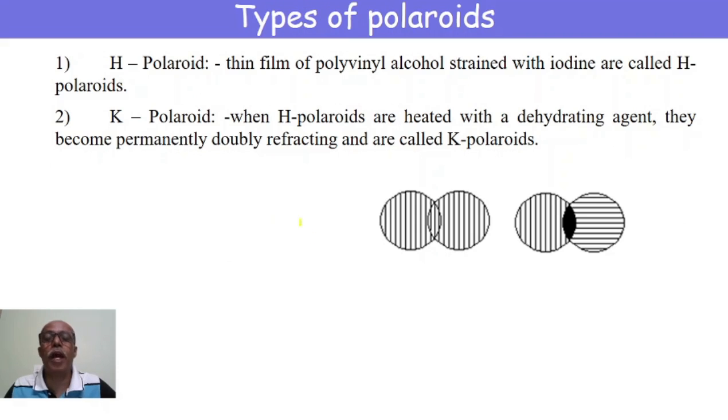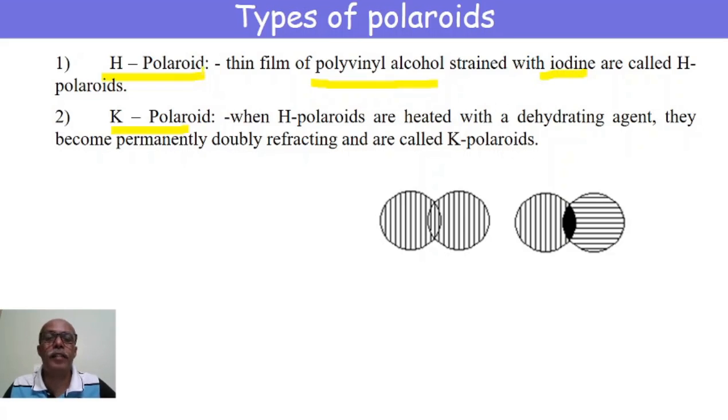Now coming to the types of Polaroids. We have two different types of Polaroids based on how they are produced: H Polaroid and K Polaroid. The H Polaroid is a thin film of polyvinyl alcohol subjected to strain with iodine.